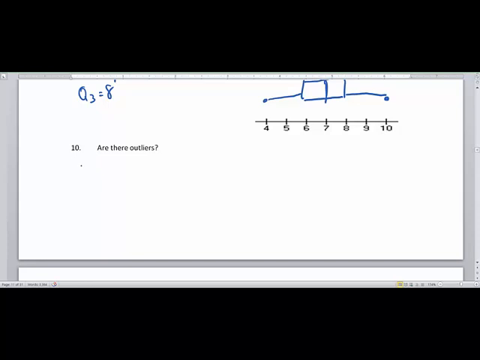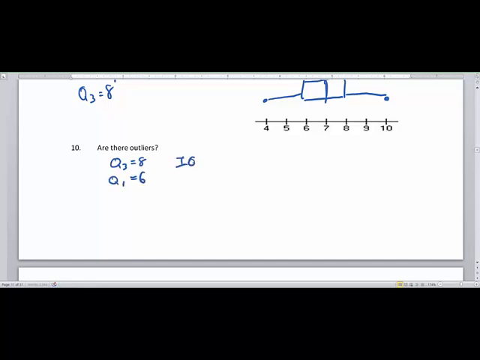Now remember, step 0 is to put your numbers in order, but what's great about this is you don't actually need all the numbers since we actually have all the work done ourselves. So step 0, put the numbers in order, which we don't need to really do in this case. Step 2 is to find the median, which we have, and our median was useful in finding the Q1 and the Q3, but since we have the cumulative frequency percentiles, we can find the Q1 and Q3 by just saying the Q3 was 8 and the Q1 was 6.